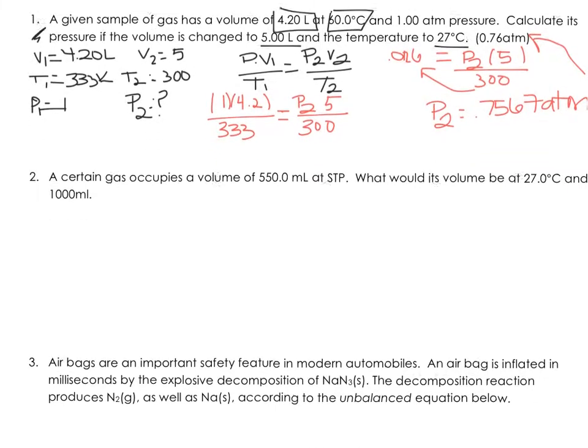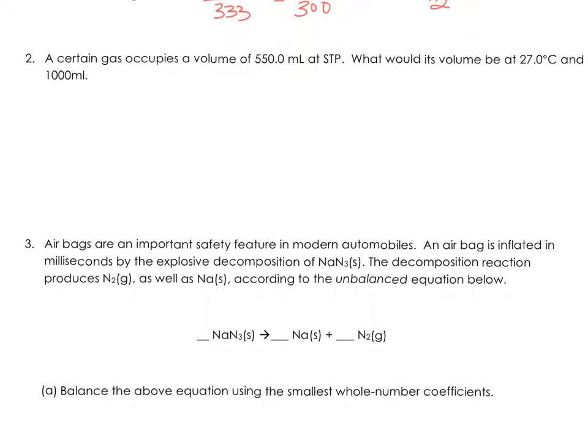Alrighty. Next, a certain gas occupies a volume of 55 milliliters at STP, which tells me quite a bit. What would its volume be at 27 degrees Celsius and 1,000 milliliters? All right, so let's write out what we know. My P1 has been told to me based on STP. That means 1 atmosphere on the front of your reference table.